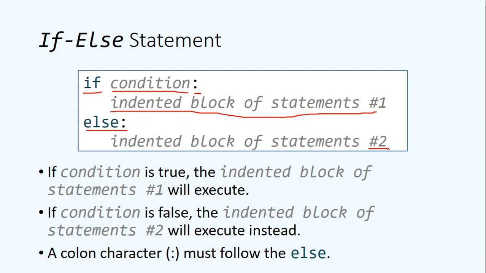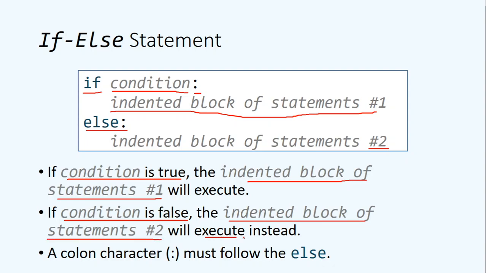So the way this works is like this. For the first part, the if clause is actually working the same as the if statement, in which if the condition is true, then we will execute the indented block of statements #1. Now, in the case where the condition is false, then the indented block of statements #2 will execute instead.